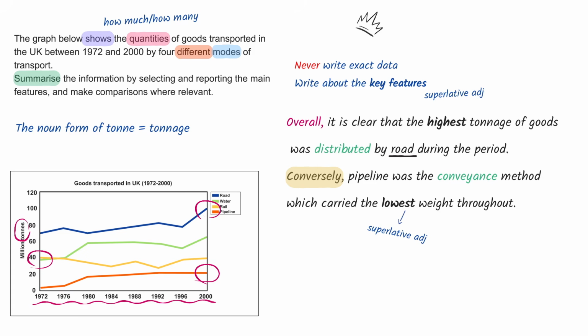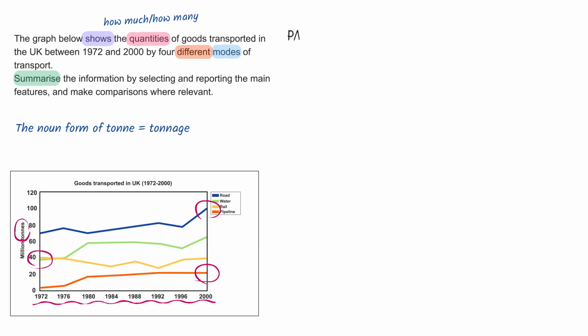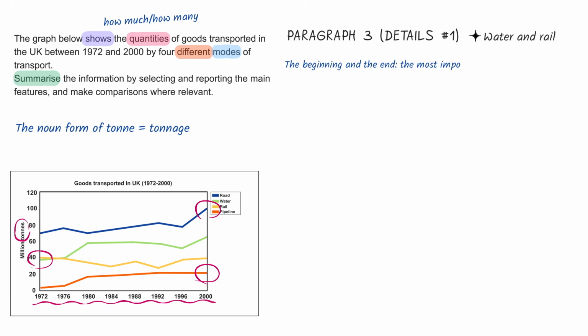All right, now it's time to start writing our paragraph 3 and paragraph 4. Here we're going to delve into details. We're going to write about the data, the key features of the graph. Now, one thing which is very, very important is that the beginning and end of each of these lines should be written in your detailed paragraphs.